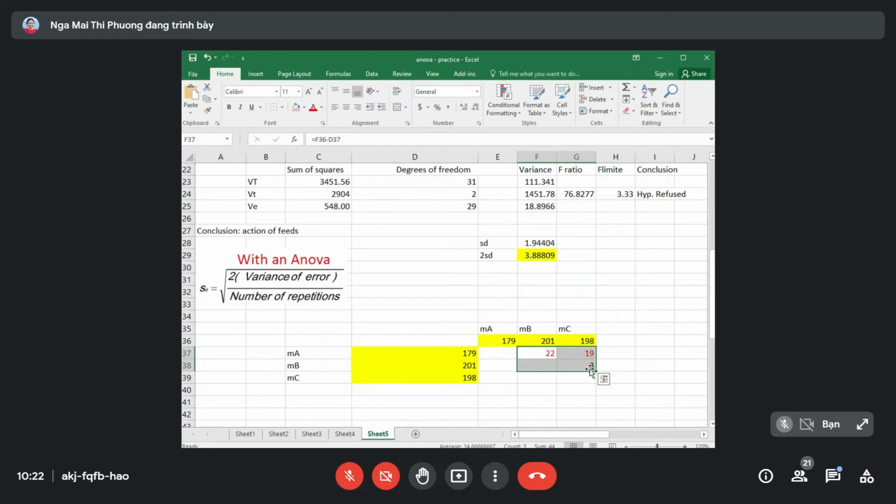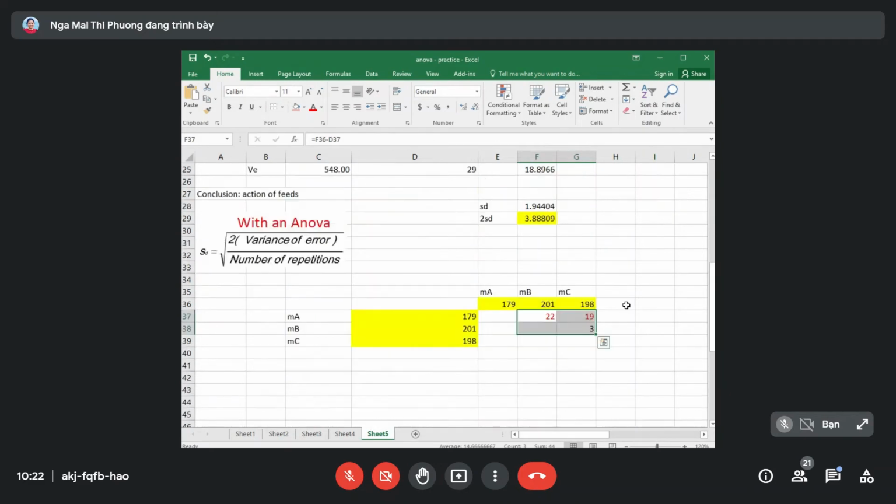As I said before, if the difference belongs to the range from minus 2 SD to plus 2 SD, you will accept the H0. It means that there is no difference between two groups. And if the mean difference is out of the range from minus 2 SD to 2 SD, you reject H0 and you accept the H1.